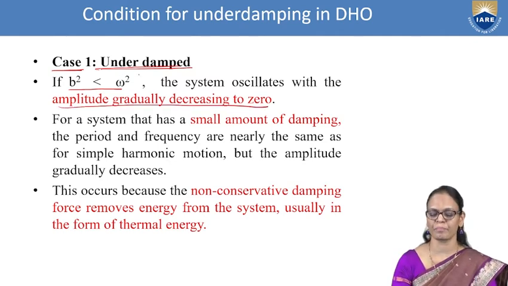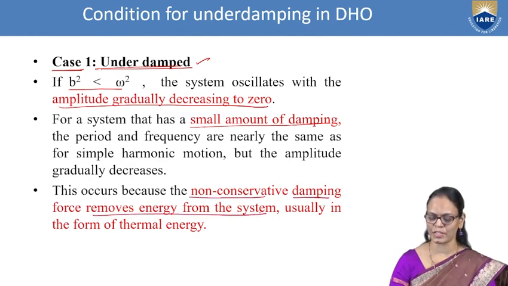There is a small amount of damping because of which there are resistive forces acting and the body comes to rest. This occurs because the non-conservative damping forces remove energy from the system, usually in the form of thermal energy. That is why the system slowly comes to rest.